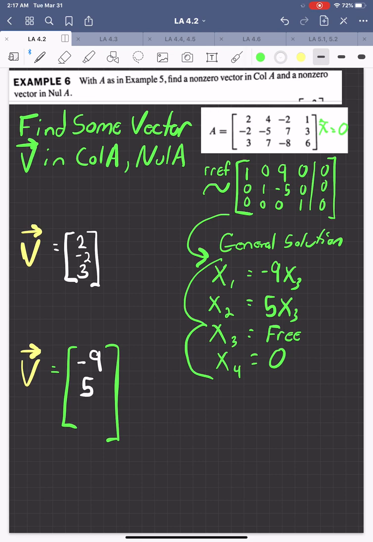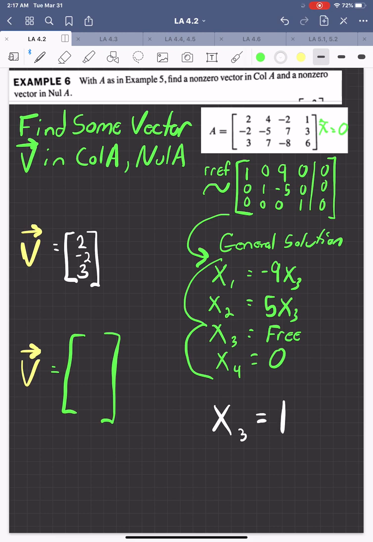Let's assume that, since x sub 3 is free, you picked 1 for x sub 3.